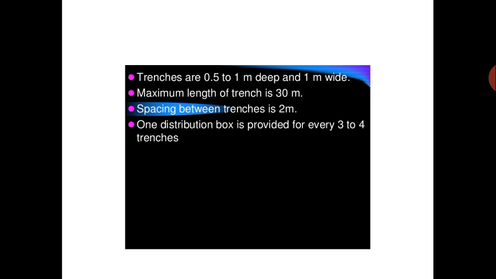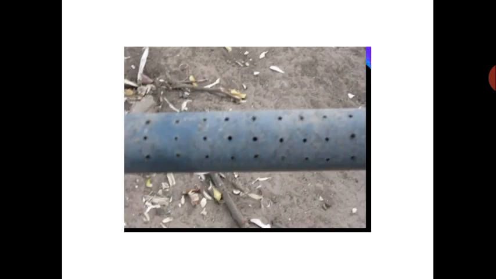The maximum length of the trench is 30 meters. Spacing between the trenches is 2 meters. One distribution box is provided for every 3 to 4 trenches. You can see the pipe which is perforated, or consists of small holes.